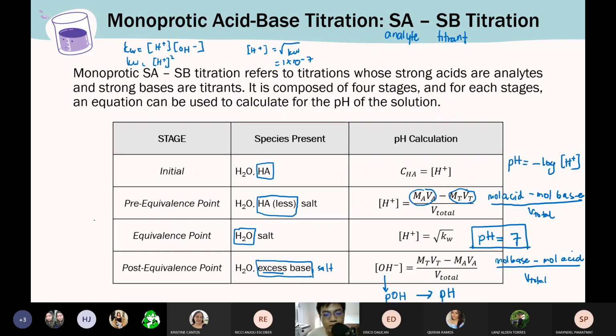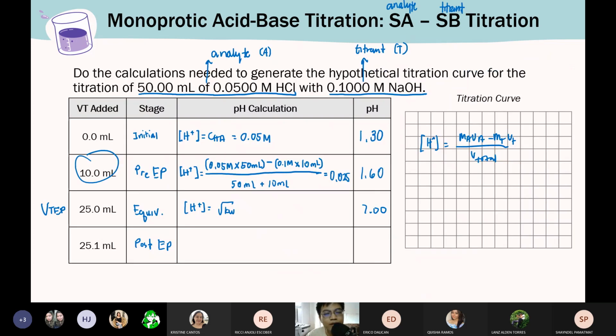It has something to do with the species present. If you just have water and salt, the main source of the pH will be the water. And how do you calculate the pH of the water? You have to use the ion product. So, ito yung dahilan bakit naging pH 7. Ganyan lang. Yun ang explanation.